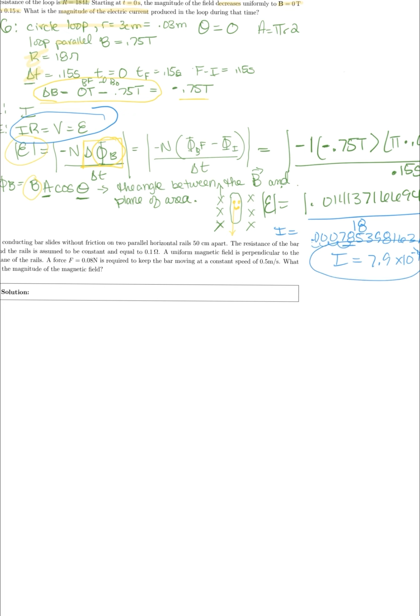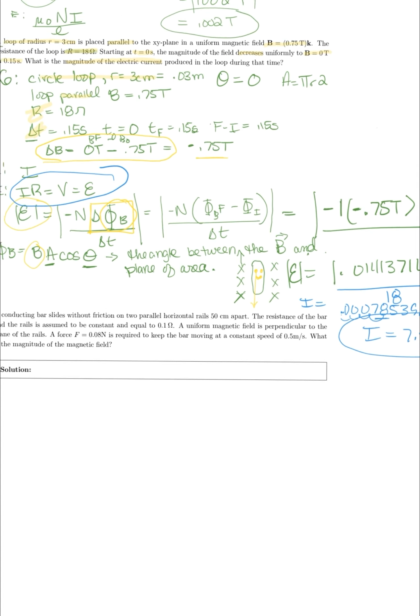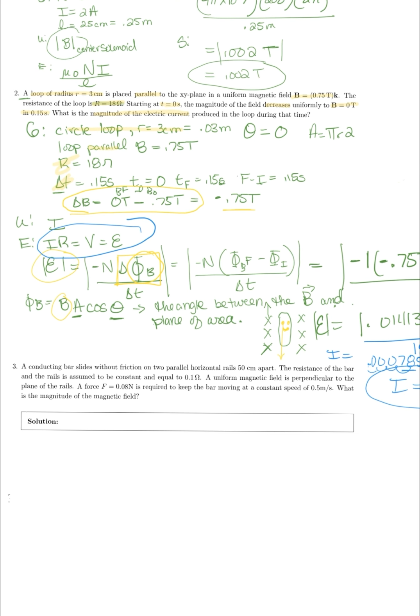Now you notice that this current is positive. This is something your teacher may ask you. So we see here that the magnitude of the field is decreasing uniformly. Well, this guy right here, he wants everything to stay the same. So if around him is decreasing, that's going to produce a current in him, because all you need is a changing magnetic field, doesn't matter if it's increasing or decreasing, to induce a current.